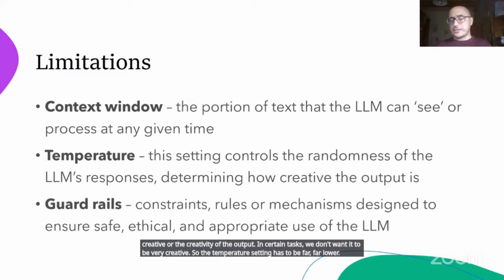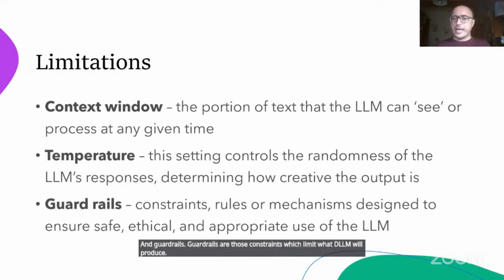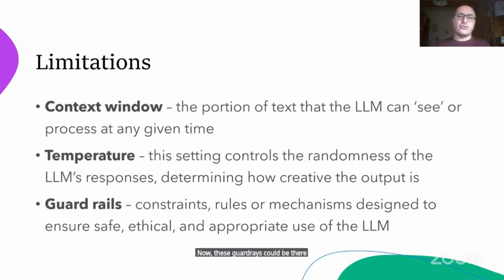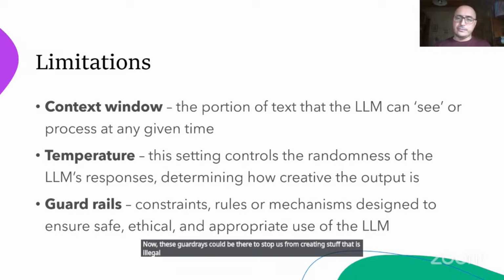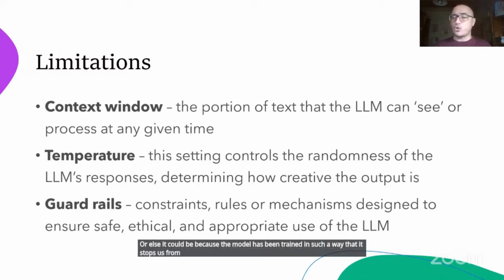And guardrails. Guardrails are those constraints which limit what the LLM will produce. Now, these guardrails could be there to stop us from creating stuff that is illegal or unethical, or else it could be because the model has been trained in such a way that it stops us from asking the difficult questions, okay?